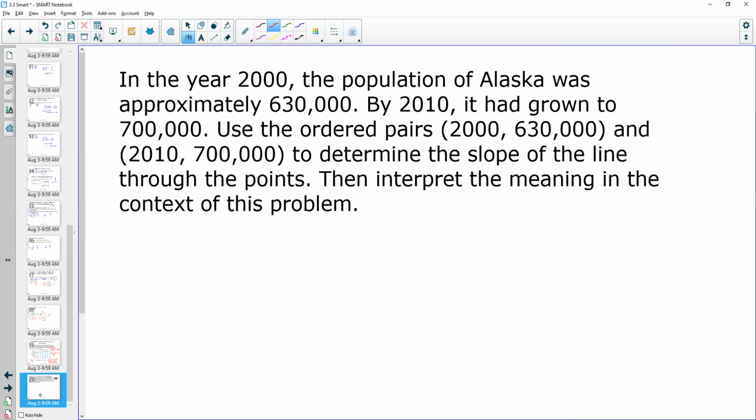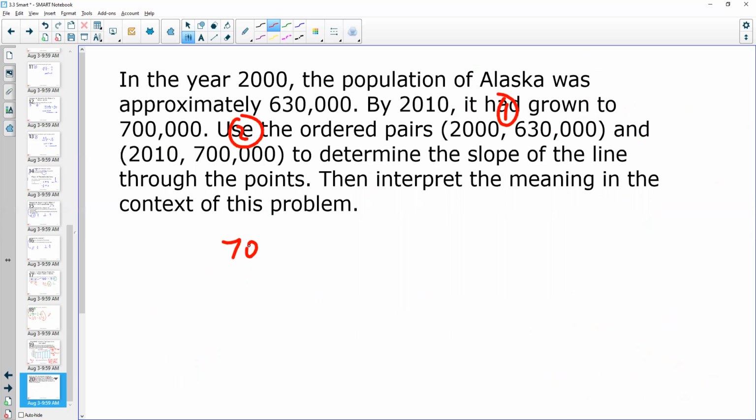All right, let's try one more. In the year 2000, the population of Alaska was approximately 630,000 people. By 2010, it had grown to 700,000. Use the pairs and determine the slope of the line through the points. All right, so let's make that point 1 and that point 2.